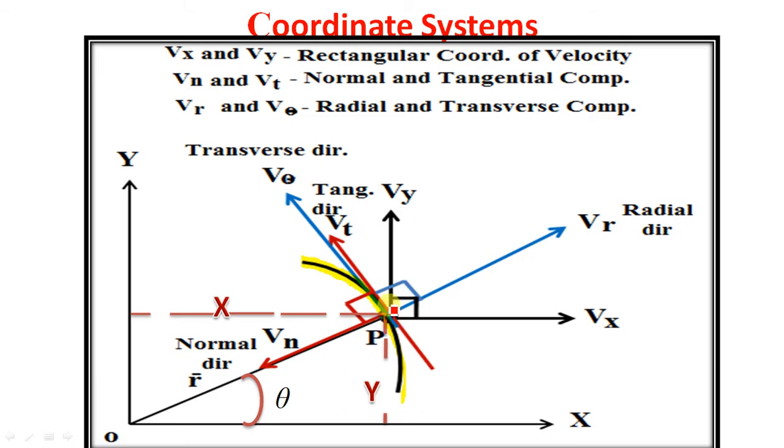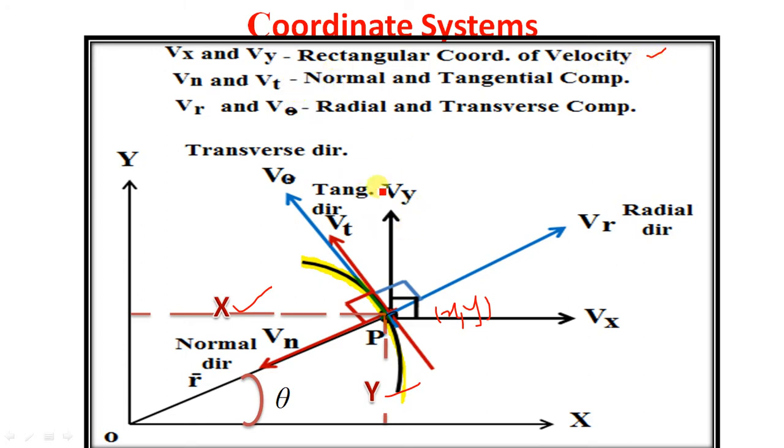Now this body can be defined with the help of three different coordinate systems. First one is the Cartesian coordinate system, that is x and y. The position of this object with respect to the y-axis indicates the x coordinate, and the position with respect to the x-axis indicates the y coordinate. So the position will be represented as x comma y.